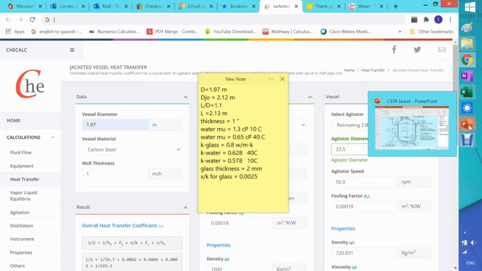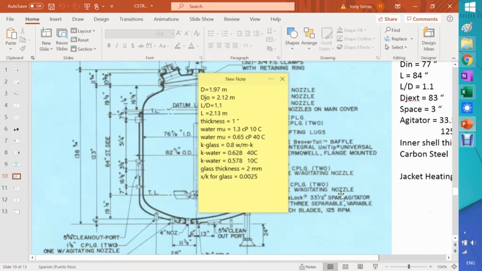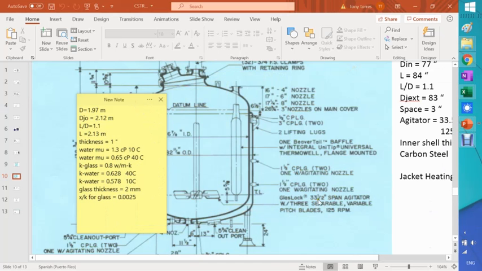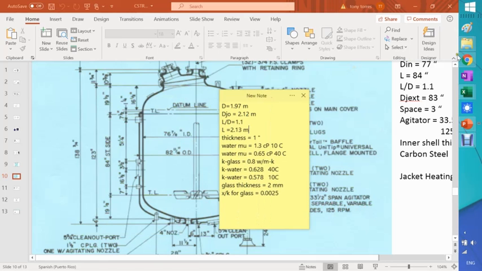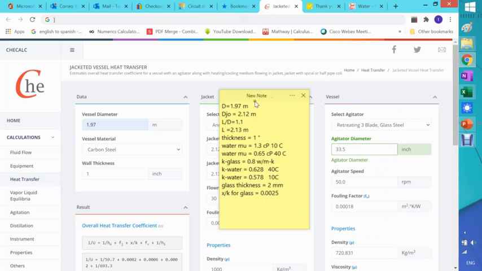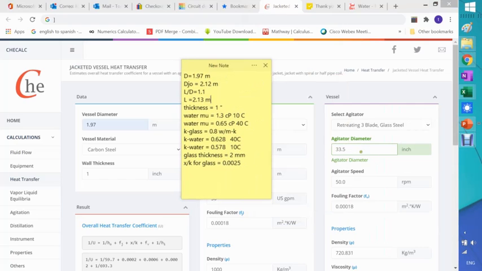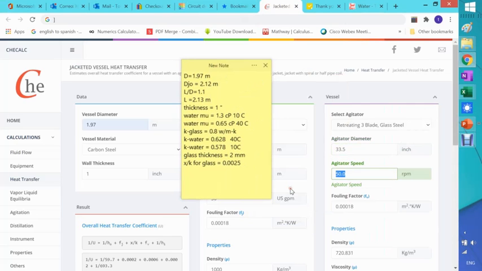Let's see, 33.5. Yep, I can stay. Let's move the sticky note to one side. Yeah, it's a glass-lined agitator with two separable variable pitch blades, 125 RPM, 33 and a half span. Well, that will do, 33 and a half. So let's go back to here, and I have 33.5 inch, RPM 125.